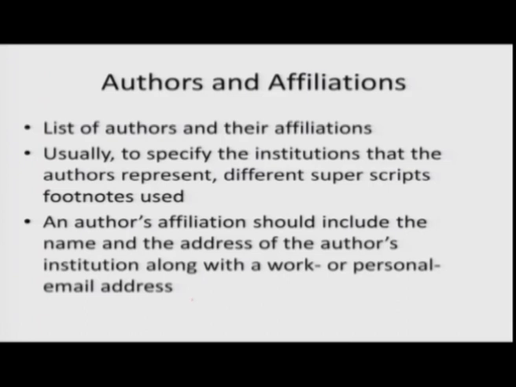So, you need to include the names and the institutes, universities, organizations they belong to in this section. Sometimes footnotes or superscripts are used depending on the conventions followed by that specific journal.